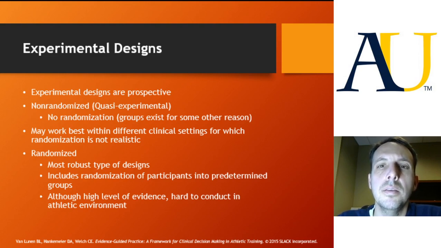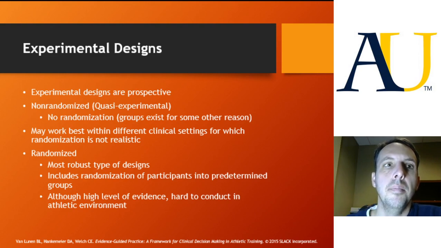Compared to the case series, where everybody received the intervention or the laser treatment, this now has the ability to compare between those that received the intervention and those that didn't. And if those that received the intervention perform better in outcome measures, we could assume that there was a certain amount of causation between that intervention and those outcome measures.